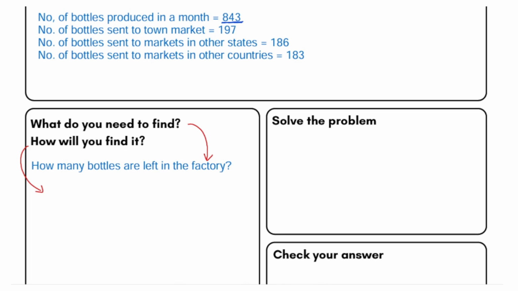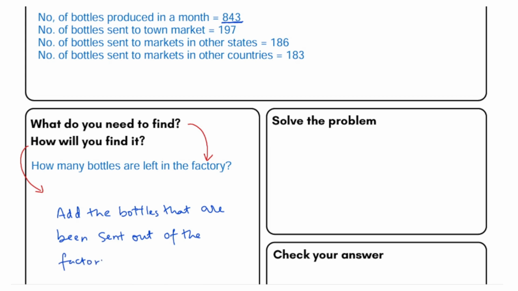So in such cases, I need to add the bottles that have been sent out of the factory, which is nothing but 197 plus 186 plus 183.